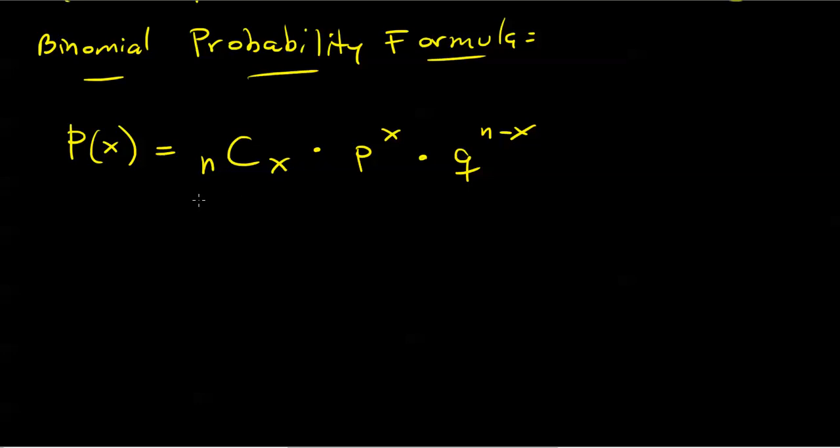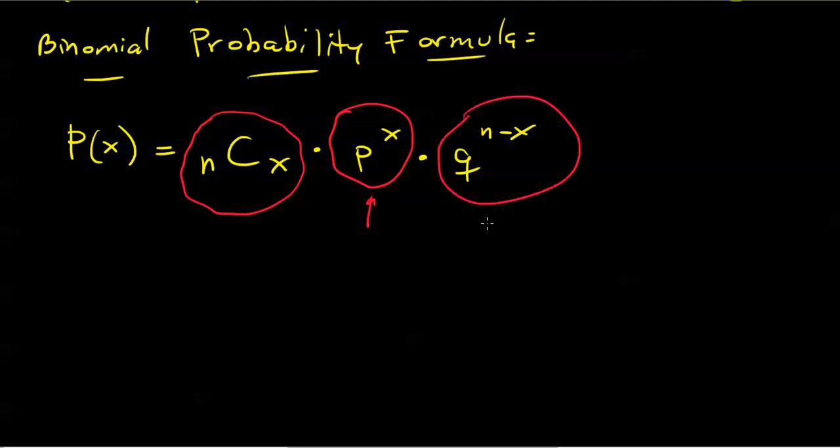We've got n combine x, or n choose x. Now don't panic, some books call it n combine x. It's built into our TI-83, 84 calculators, and I'll show you how to get that operator in a moment. Times p to the x power, that's just your probability of success in any one trial raised to the x power, times q to the n minus x, the probability of a failure in any one trial raised to the n minus x power.